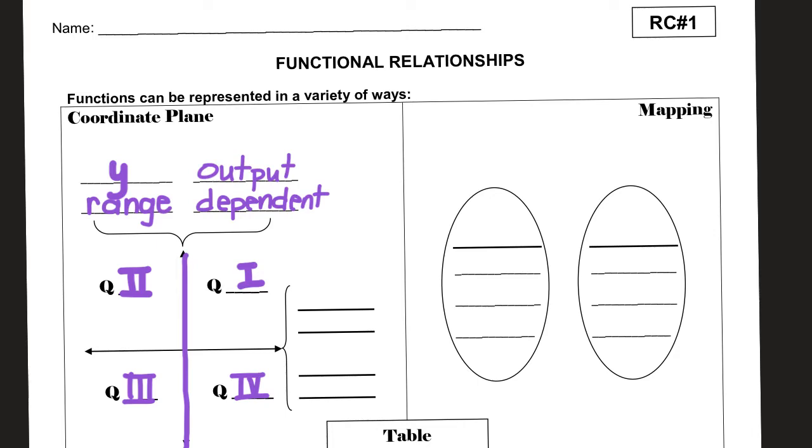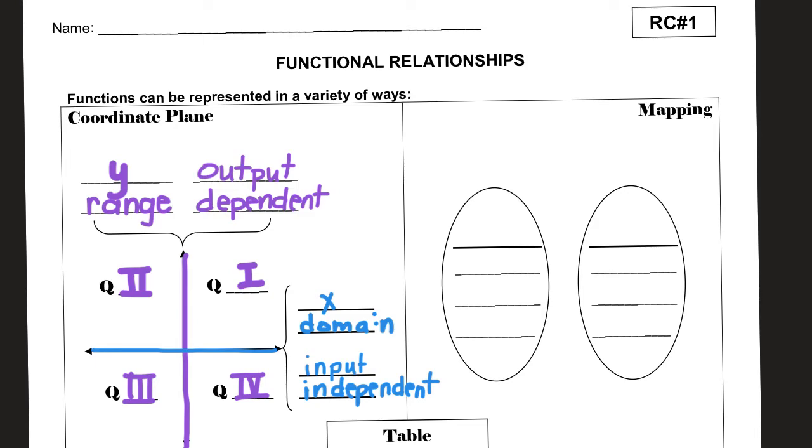Now look at the x. The x is associated with domain, input, and independent. And remember your terms from science like MIX to help you remember that the x is the manipulated and independent variable, and DRY, the y is the dependent and the responding variable.